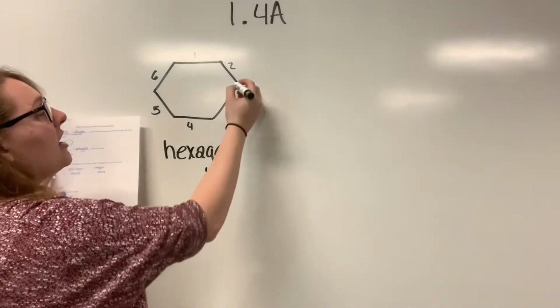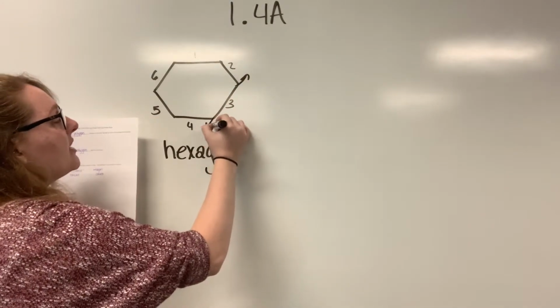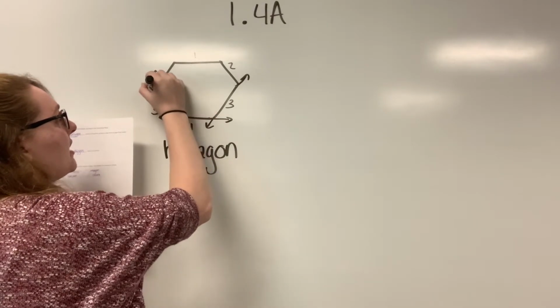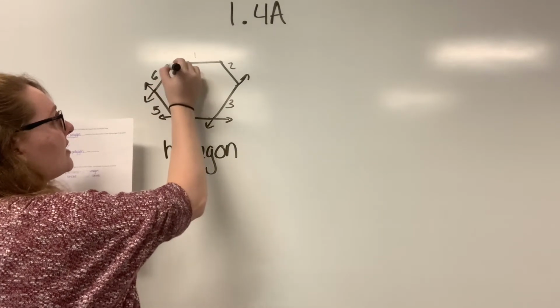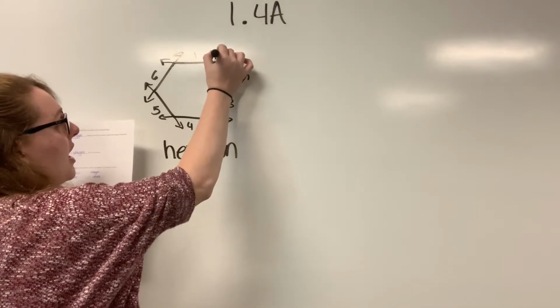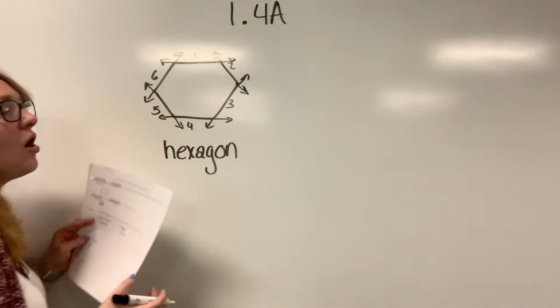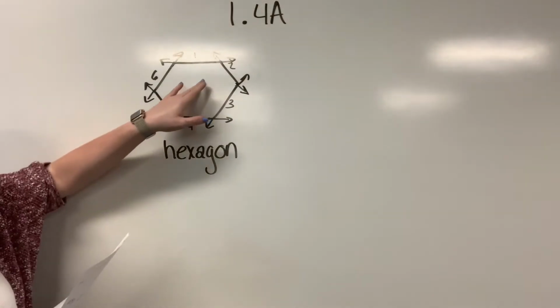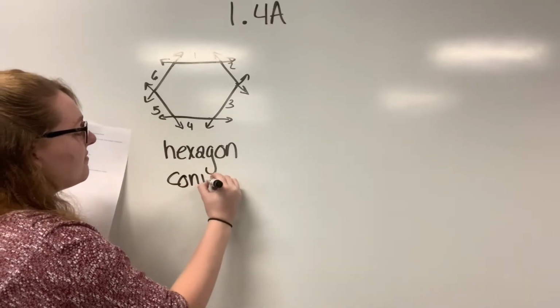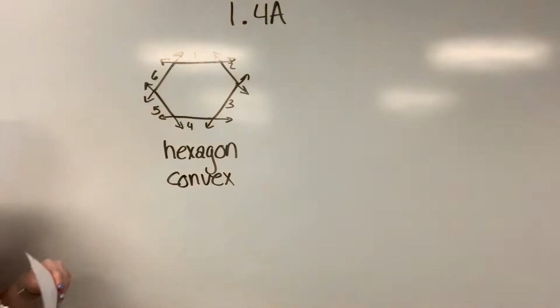A hexagon. And if we follow all of these lines, if we extend every single one of these lines, we want to see, is it concave or convex? Is it going to go through the center of the shape or not? After following all of the lines, none of them went through the middle of the shape, so this would be convex. It did not cave in on itself.